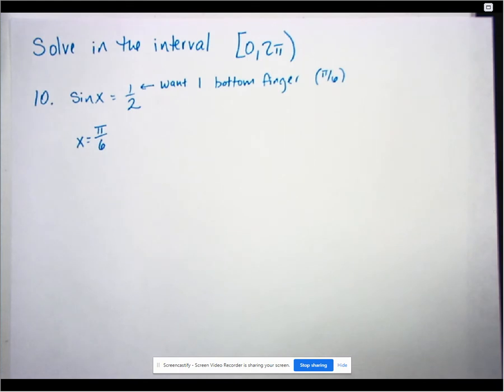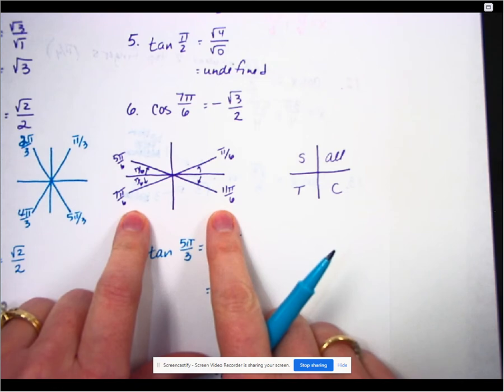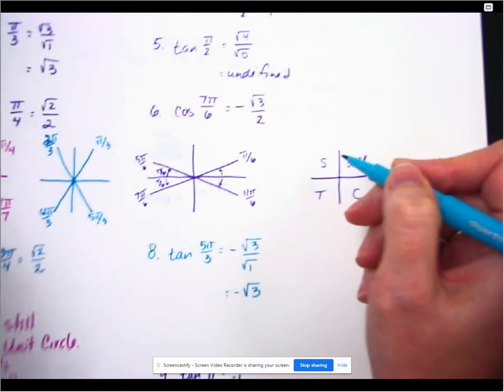But is that the only angle between 0 and 2 pi that has a sine of 1/2? It's actually not the only one, because all of these pi over 6 angles have either a sine of 1/2 or a sine of negative 1/2. Sine is also positive in quadrant 2.